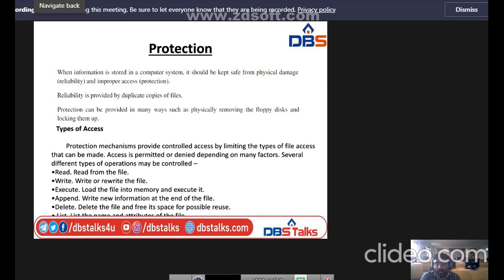The number of passwords that a user needs to remember may become large, making the scheme impractical. At the same time, if only one password is used for all the files, then once it is discovered, all files are accessible. Okay, so this is regarding protection and at the same time access control.